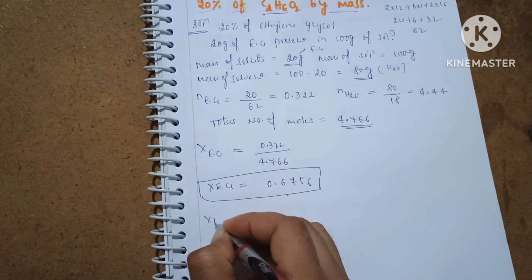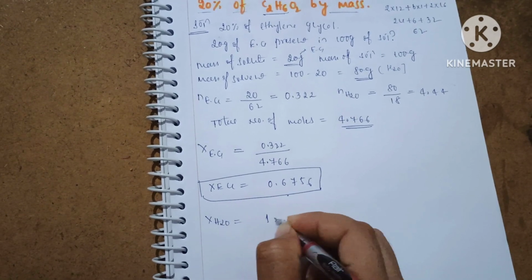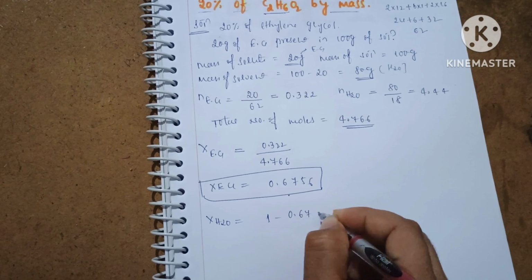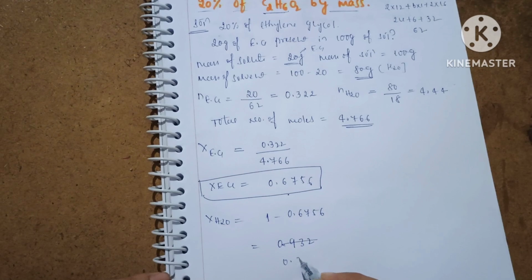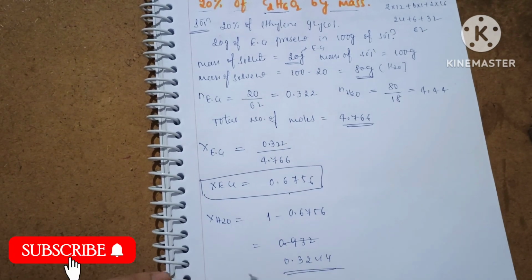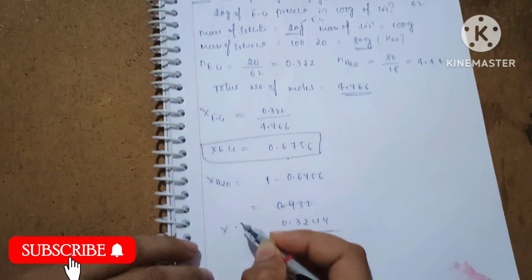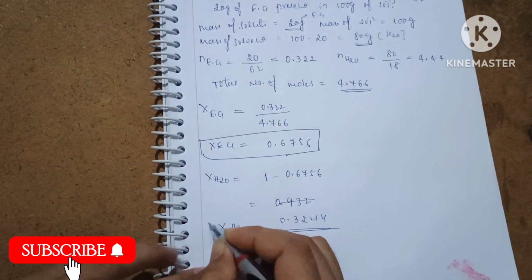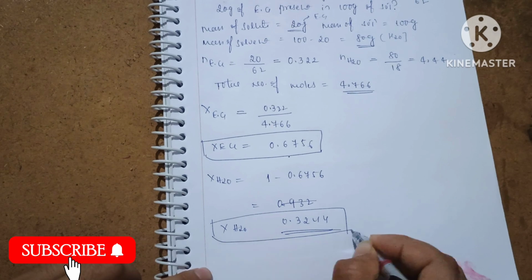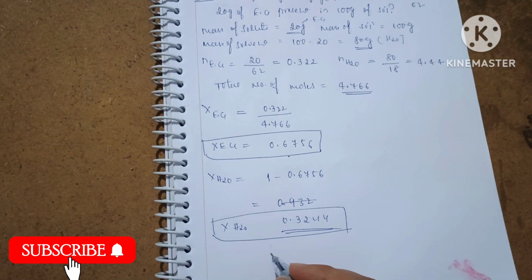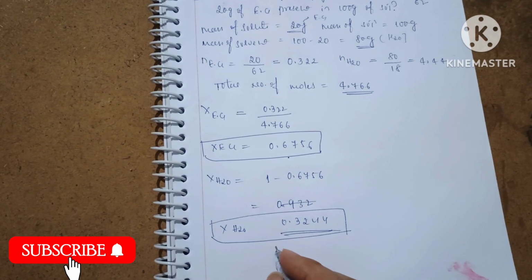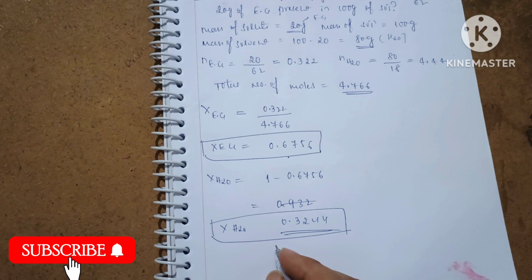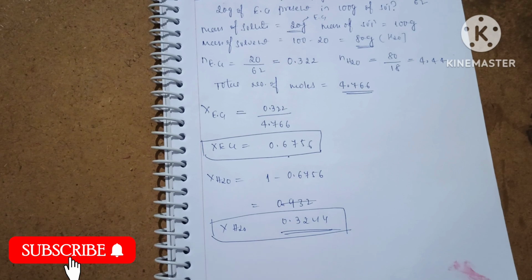That is, mole fraction of water is equal to 1 minus 0.06756, which is 0.9324. So this is the calculation of mole fraction of ethylene glycol when 20% of ethylene glycol is given. This is the first numerical of today's class.